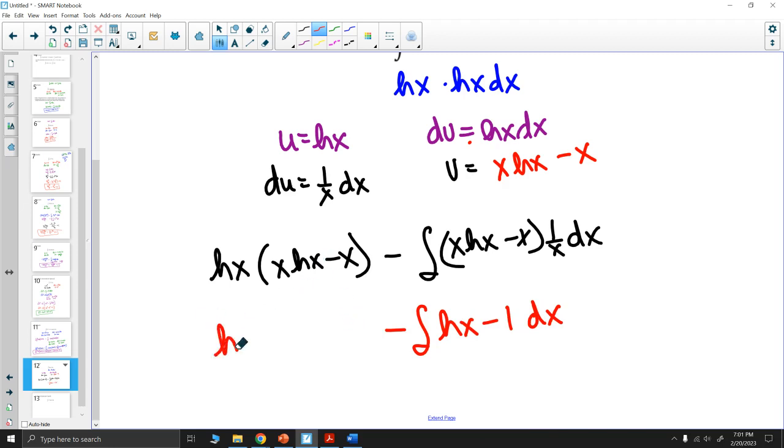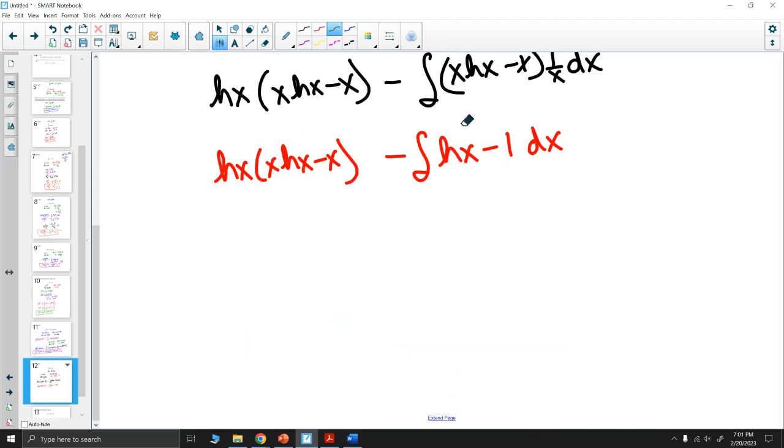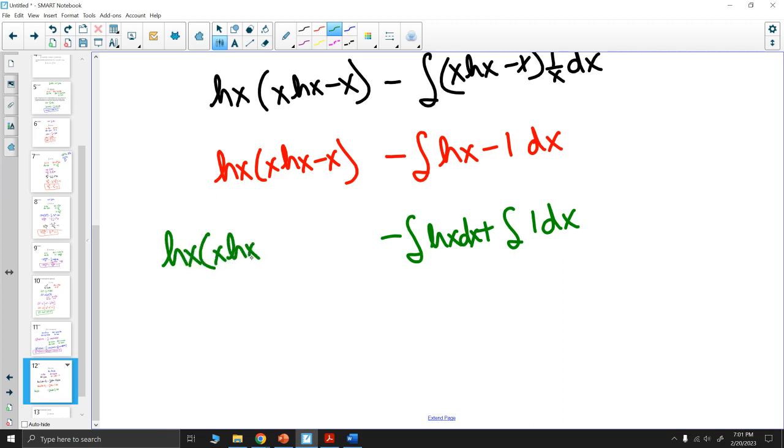We still have ln x times x ln x minus x. We can split these two things. So this is minus the integral of ln x, and this minus a negative, I'm going to write as plus the integral of 1 dx. I shouldn't be lazy. I should keep writing this one: ln x times x ln x minus x, minus this thing.